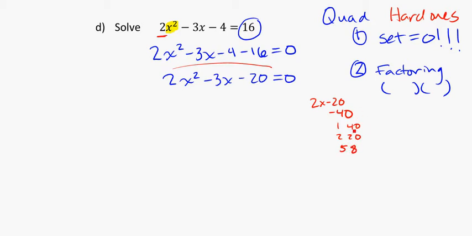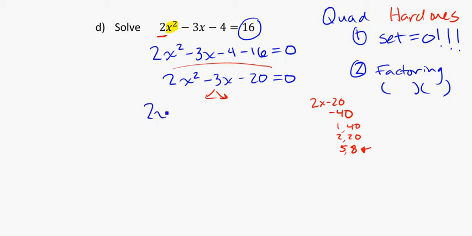So if we take a look at these, do I have any of these combinations that I can add or subtract in such a way that I could get a negative 3? And in fact, this is my solution here. The 5 and the 8, I can make one positive and one negative, and I will get the negative 3. So what I'm going to do now is rewrite that middle term, splitting it out into those two different factors of 5 and 8.